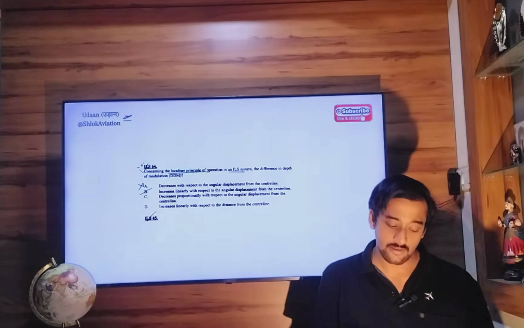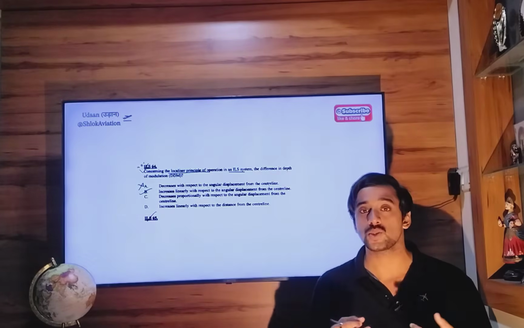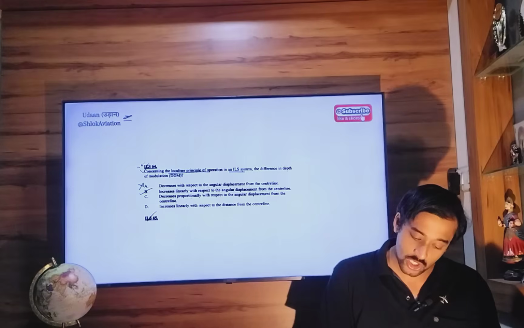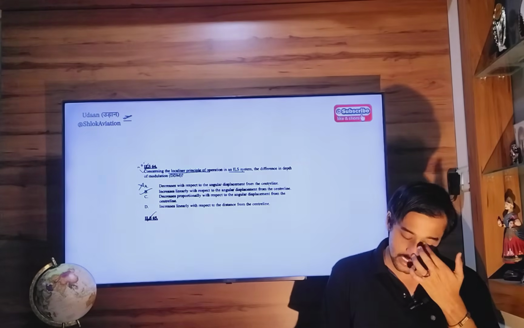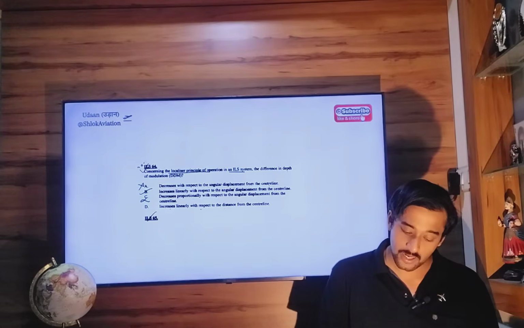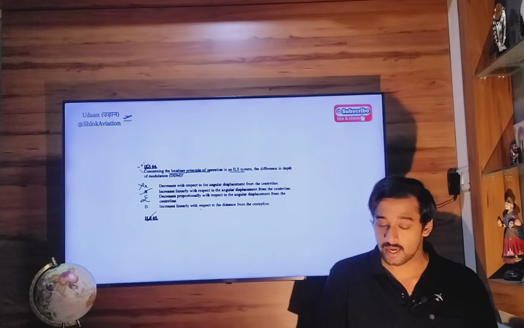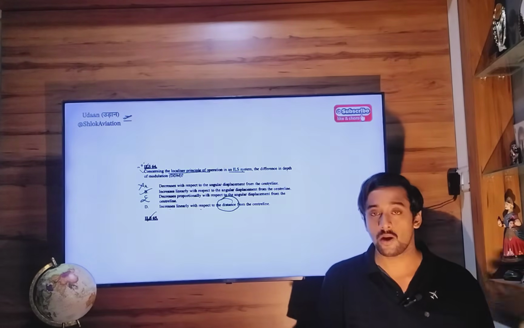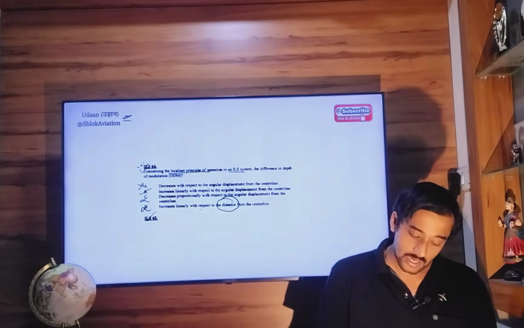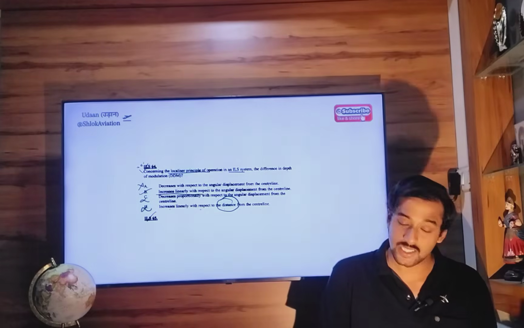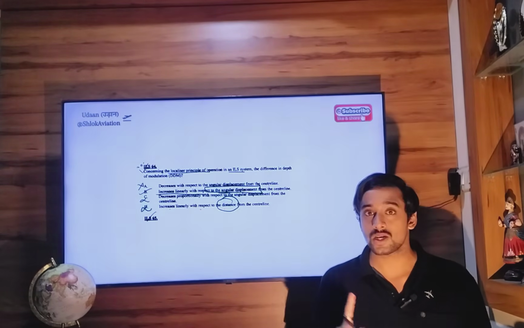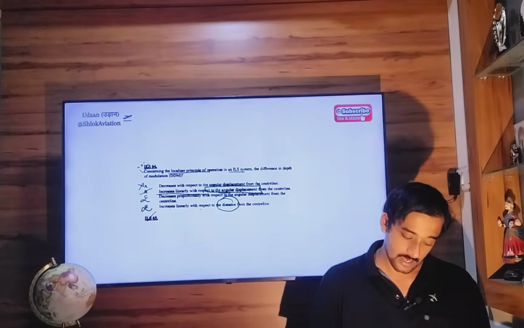It decreases proportionally with respect to the angular displacement: no. Increases linearly with respect to the distance from the center line: here the distance they are talking about is nautical miles, meters, kilometers, so that is wrong. The relationship is that it increases linearly with respect to the angular displacement, not the ground distance. Okay, next.